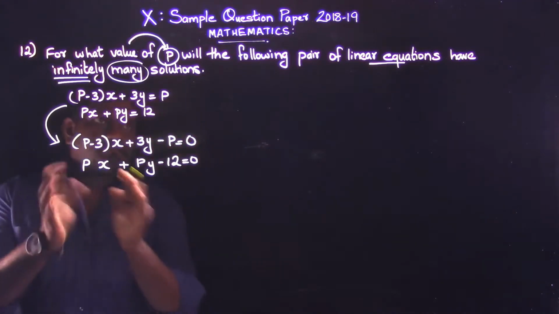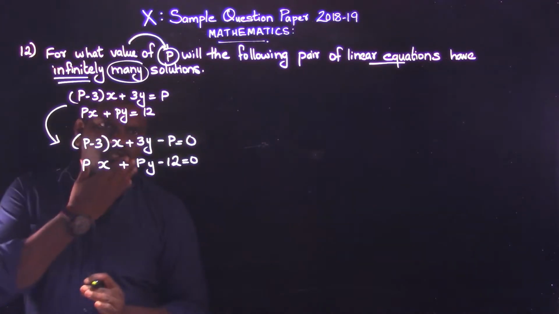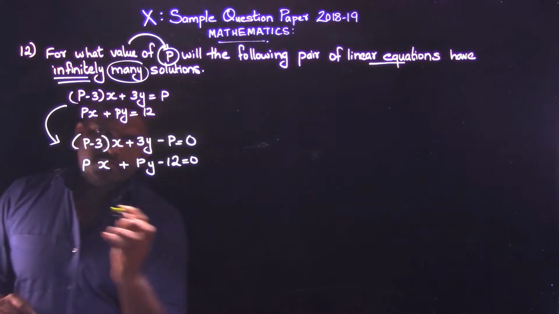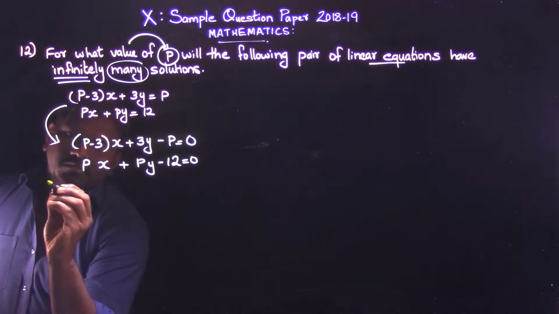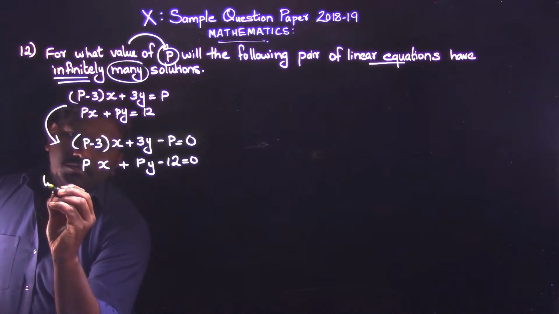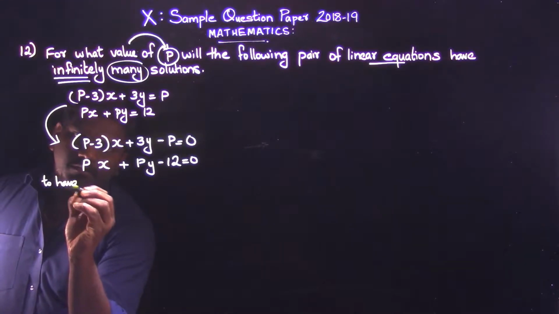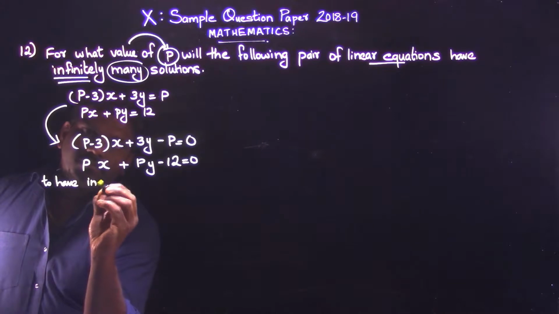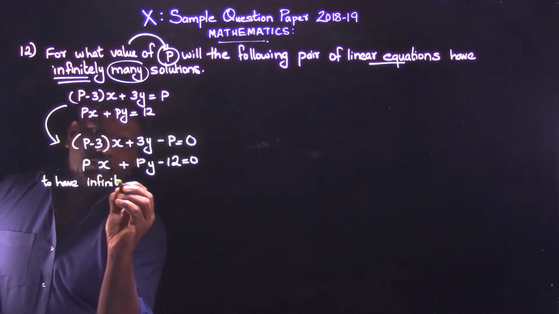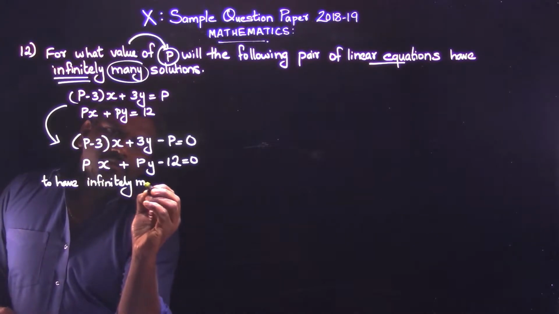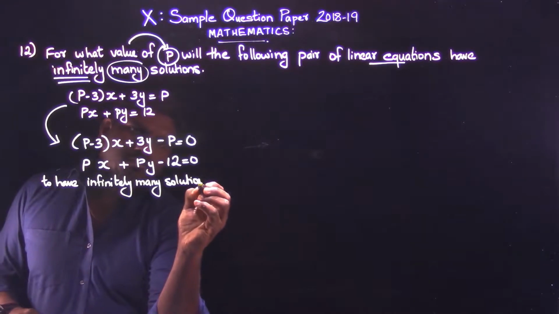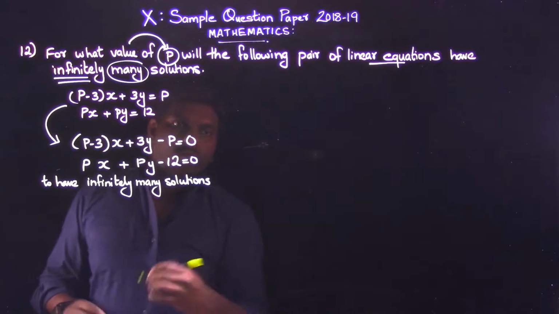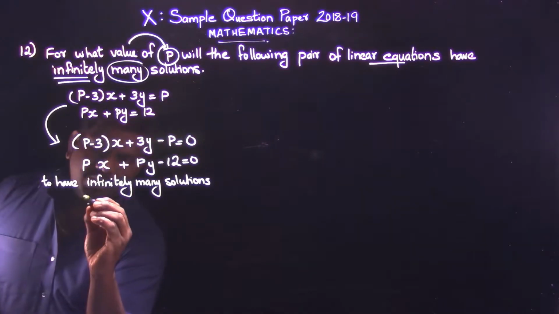Now you have the same pair of equations. I didn't do much, I didn't do anything. Now you know that to have infinitely many solutions, what would be the condition, or what needs to be the condition?